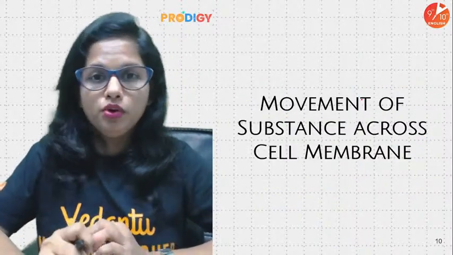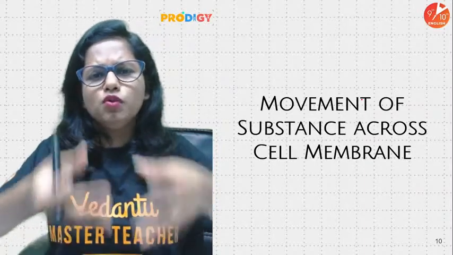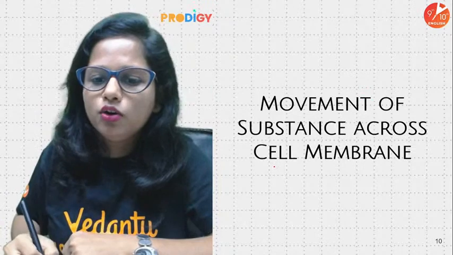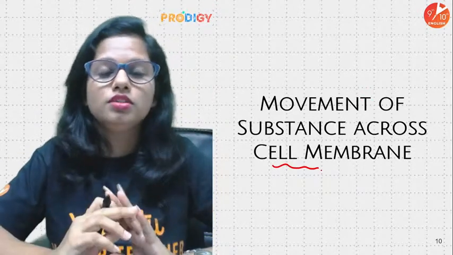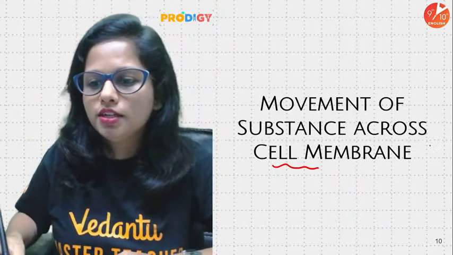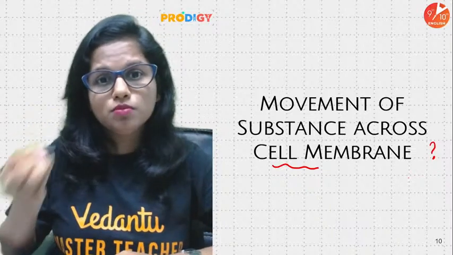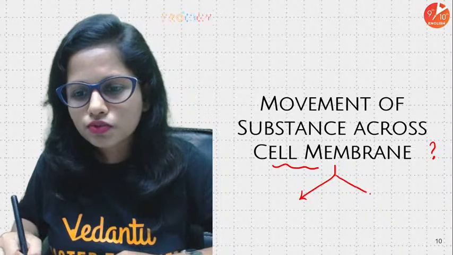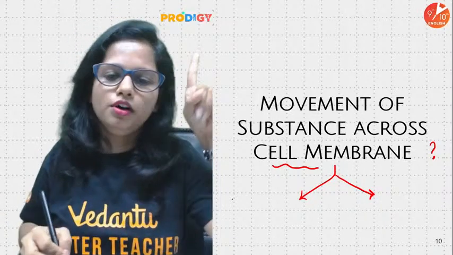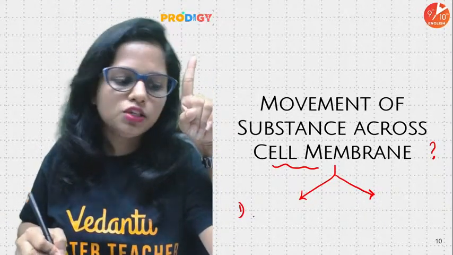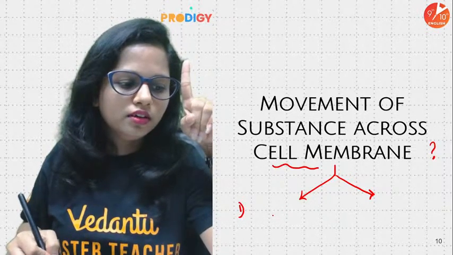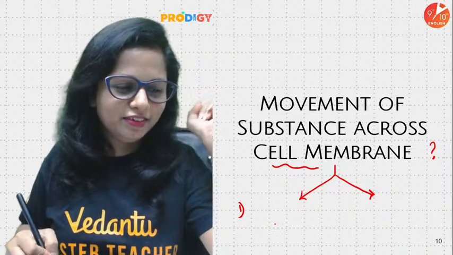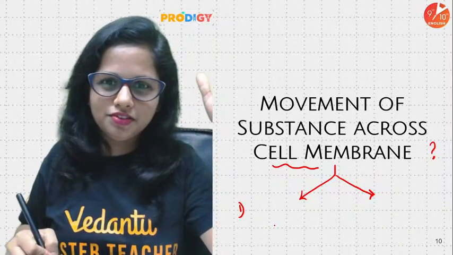Now people, I told you that substances can move in and out of the cell across the cell membrane or across the plasma membrane. The question is how? Substances move in and out of the cell by 2 ways. The very first method would be, bachcho, Pranavi, AKR means Abhishek KR sir, our loving physics sir.